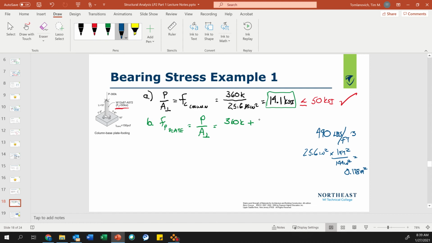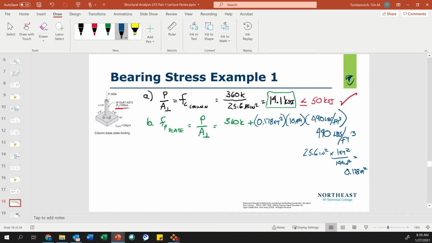And the length is 10 feet. Okay, so we go 0.178 square feet times, it's 10 feet long, times 490 pounds per cubic foot.